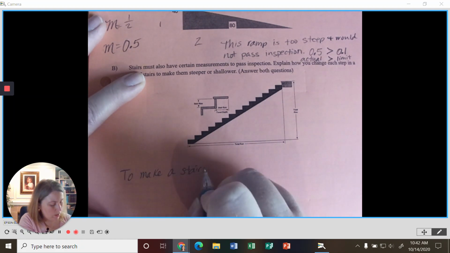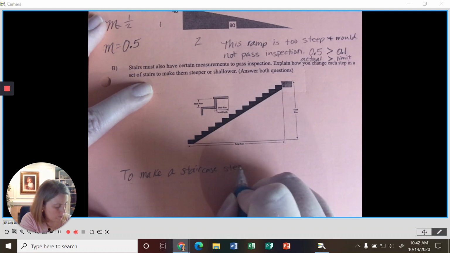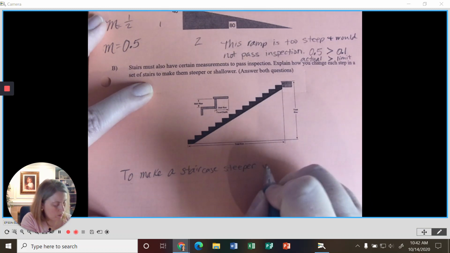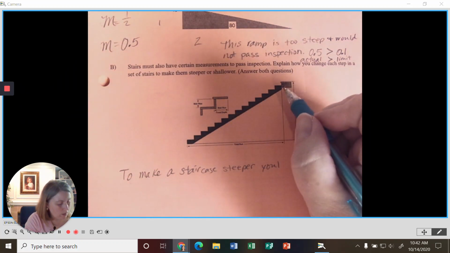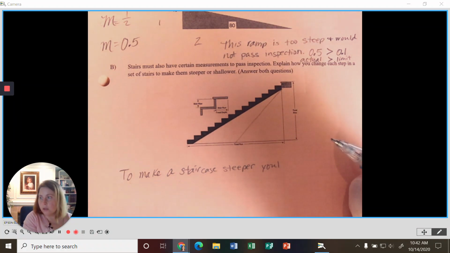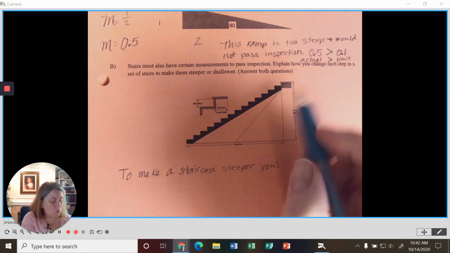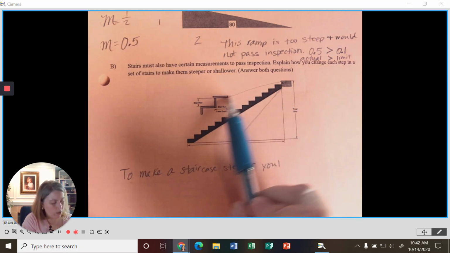To make a staircase steeper, you could put fewer steps, right? And it would be like coming up faster. If you added more steps with the same rise, you could make it more gradual.